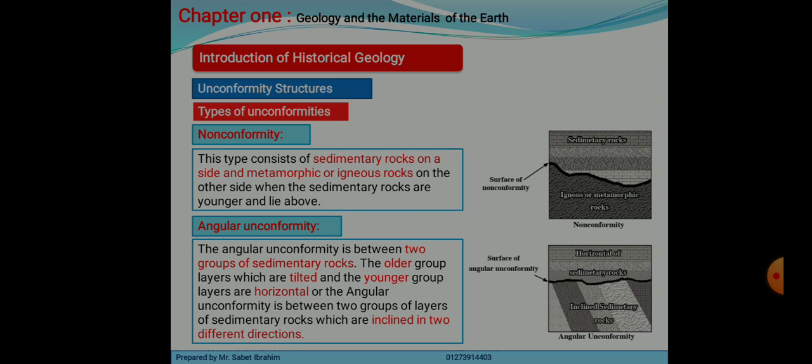As you see here, the older group rocks are inclined, the younger group rocks are horizontal, and there is a curved surface of angular unconformity.